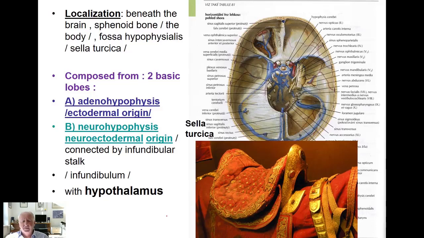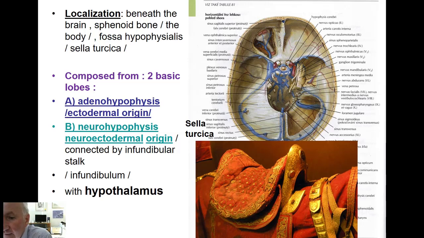Where to find the hypophysis? If you know a little bit the bones of the skull, this is the base of the skull, and this bone is called, I hope you know, the sphenoid bone, and the middle part is the body of this sphenoid bone, corpus ossis sphenoidalis.